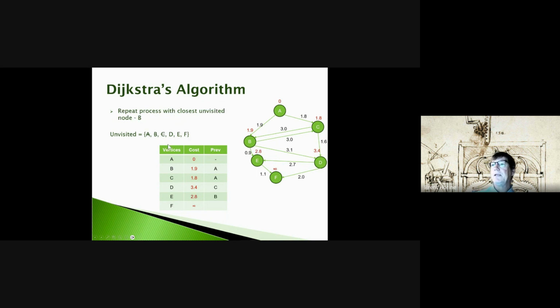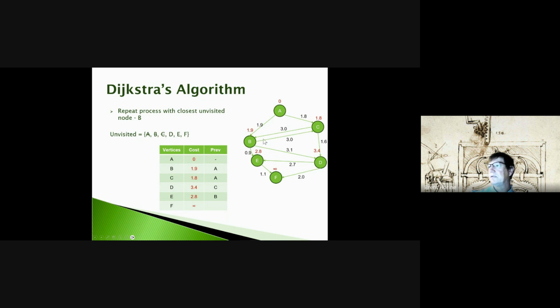Now we repeat with the closest unvisited node, B. Right, so B's the closest unvisited node, so we're going to visit that and look at what's connected to that. Well, E and D and C are all connected to B, right? So the cost to get to C from B would be 1.9 plus 3.0.